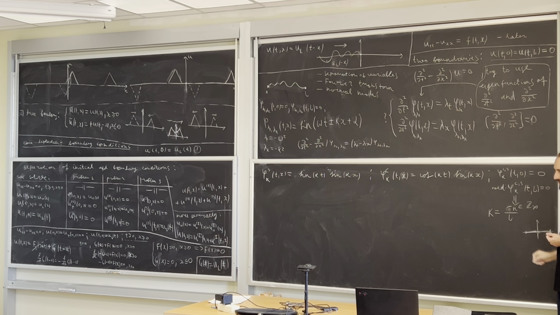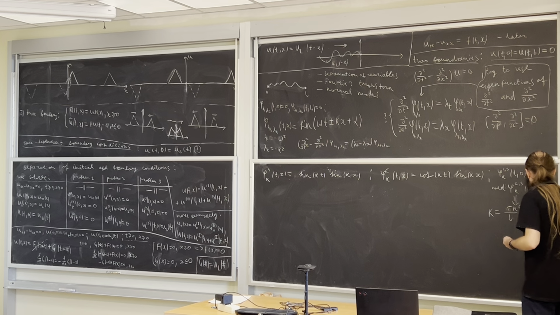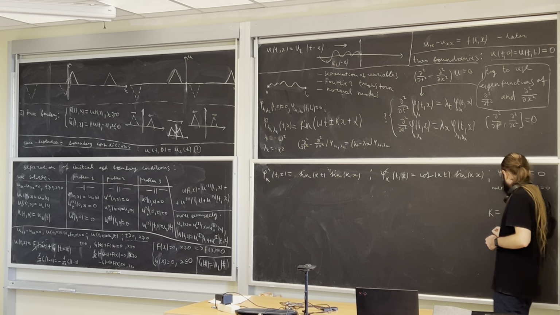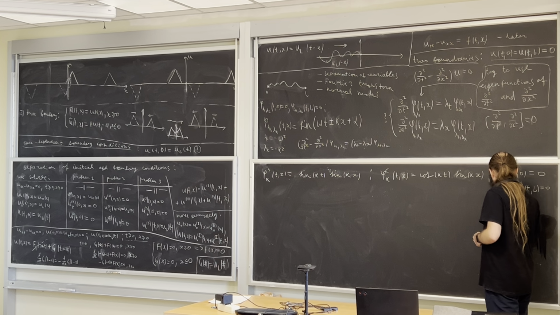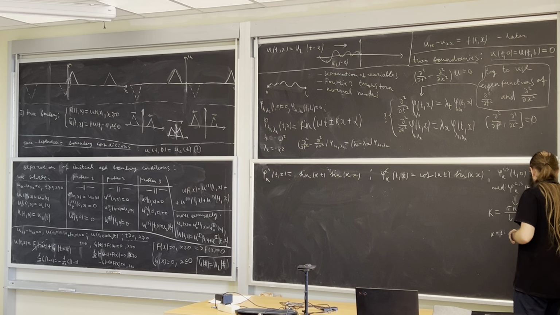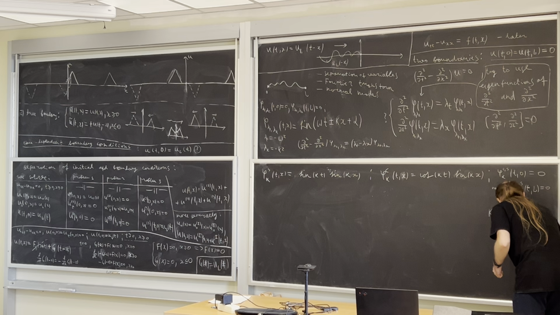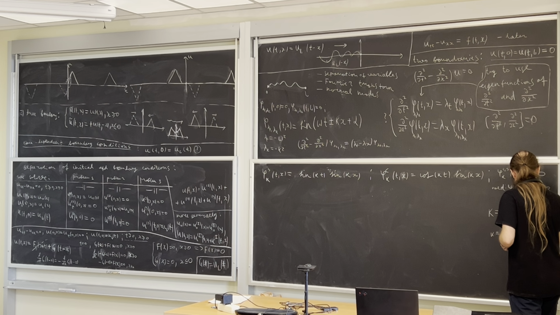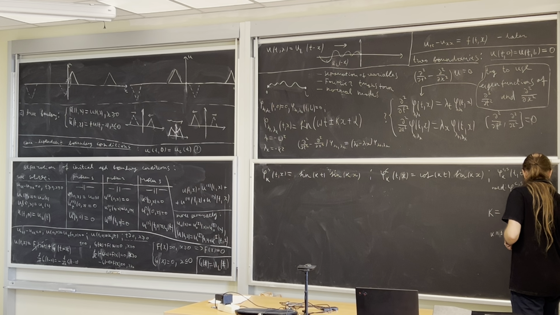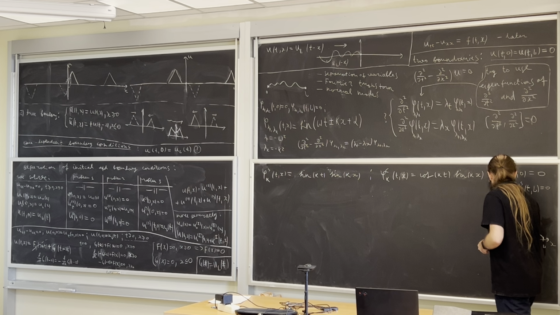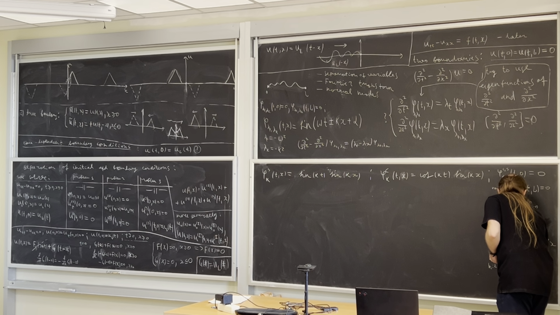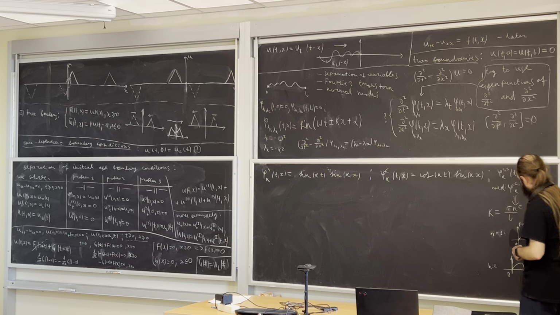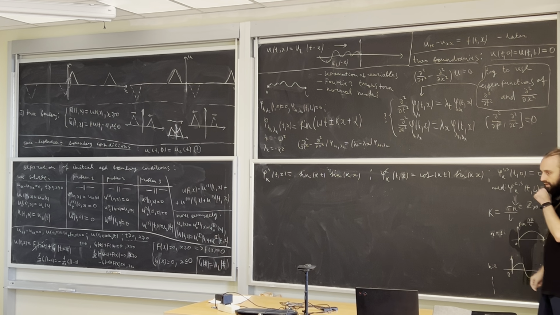So we can write like this. And in particular, for k equals 1, this function will look like a sine of pi x over L, on the interval from 0 to L. It will be this function, or for n equals 1, n equals 2, it will be this function, and so on, right?